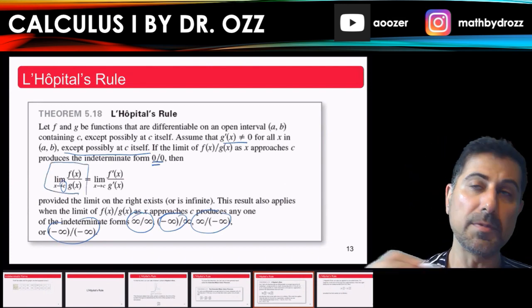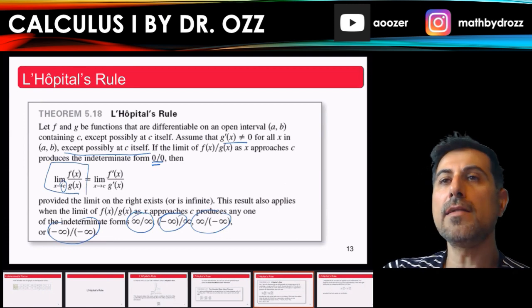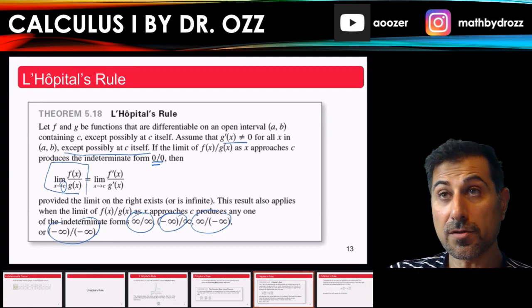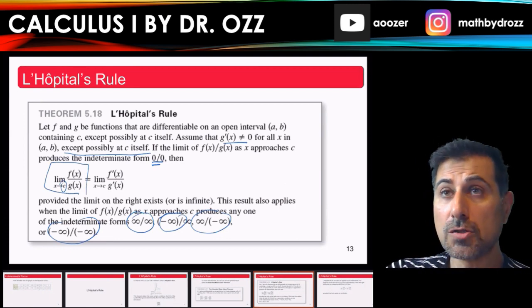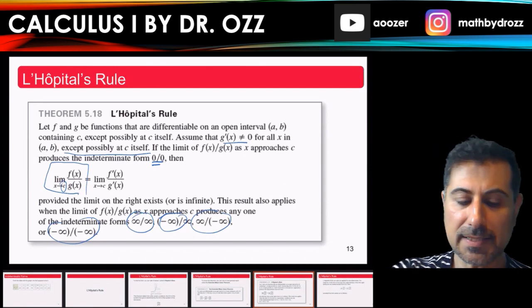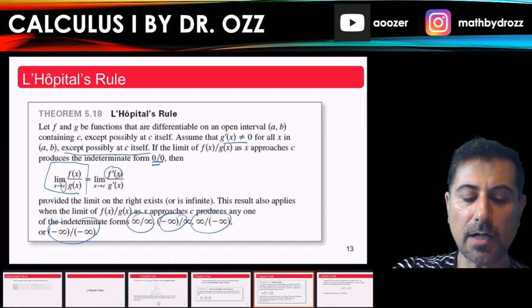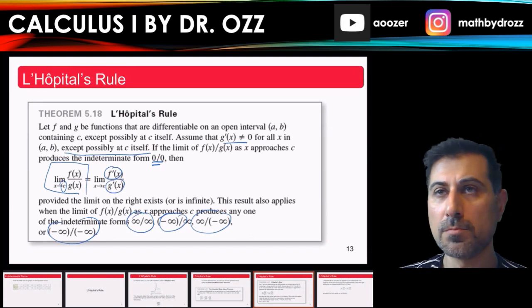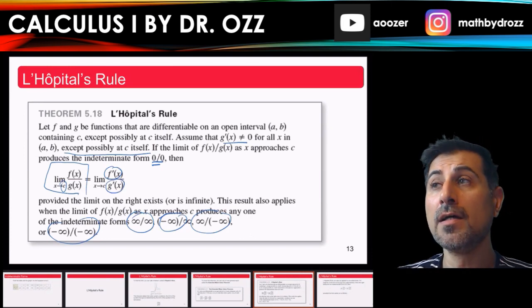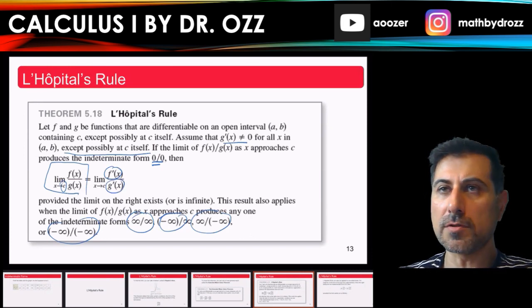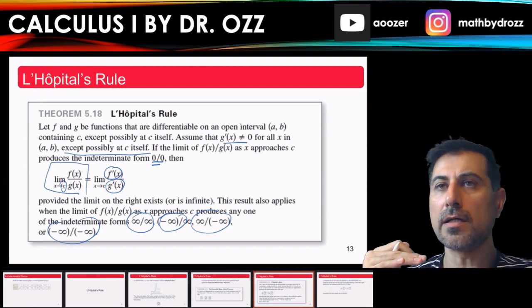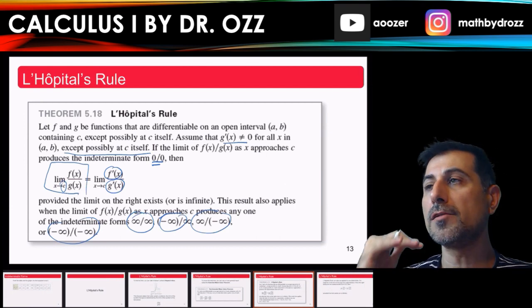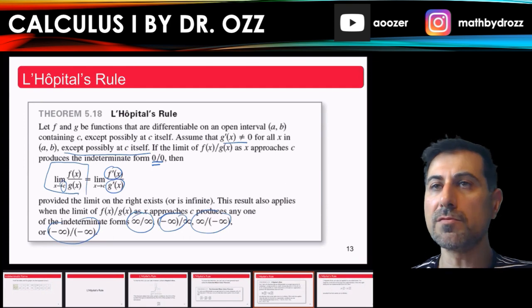Once you pass the limit here, then the limit that you're after is equivalent to the same limit, except that you take the derivative of the top and the derivative of the bottom separately. Okay, so it's not like we're applying the quotient rule or something. We're just finding the derivative of the top and the derivative of the bottom.